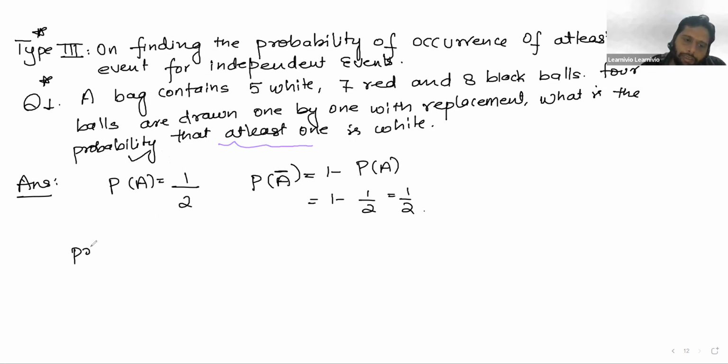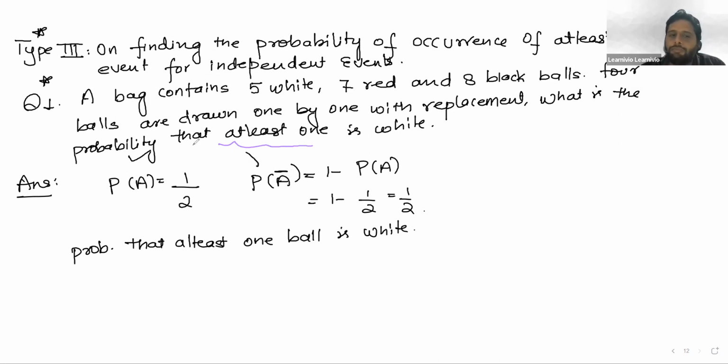Now, the probability that at least one ball is white. Please check the upper formula. Here P(A not) is the opposite of P(A), so we have written 1 minus P(A). Now the probability that at least one ball is white is equal to 1 minus the opposite of this.